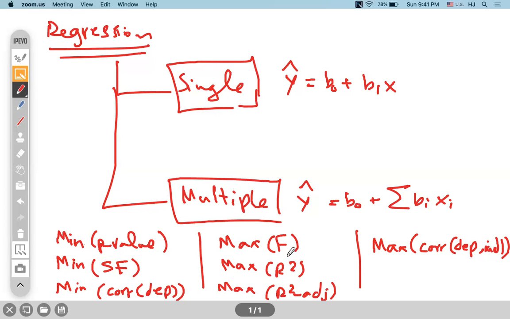Keep that in mind, guys. So it might be tricky sometimes to use R square only to evaluate your model, because when you add more variables to your model, R square will go up all the time. That's why we need to use R square adjusted. And we look for the model that has the maximum R square and R square adjusted, or where R square and R square adjusted are almost similar to each other.